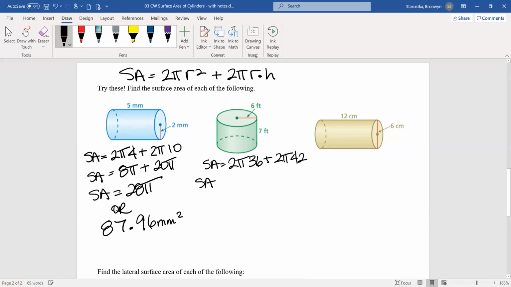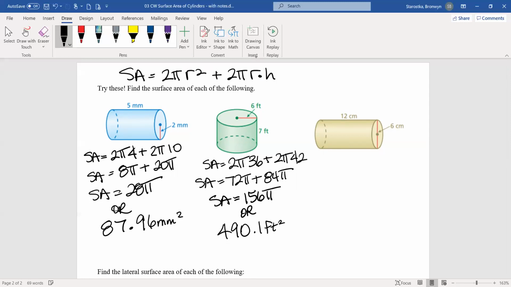Surface area, 72 pi plus 84 pi. Surface area, 156 pi, or 490.1 feet squared.